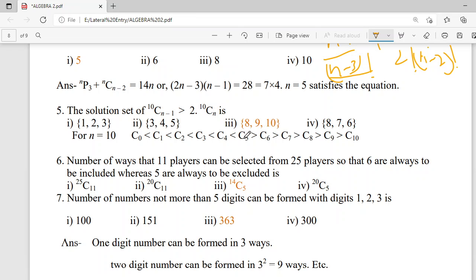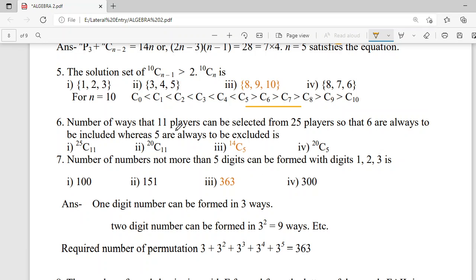Check it for 6 and 7, for 7 and 8, for 8 and 9, and you will have a disorder, because 1 2 3 will not do, it must start from 5. So 3 4 5 will not come, 1 2 3 will not come, because n minus 1 is smaller than n, so it will come from this set. We check for this one, and from 8 9 10 you will have it.